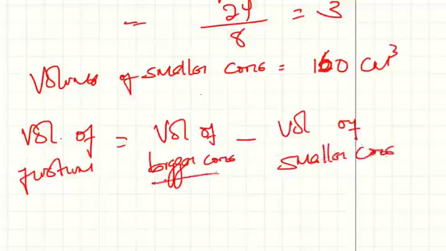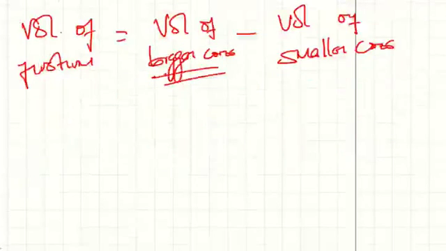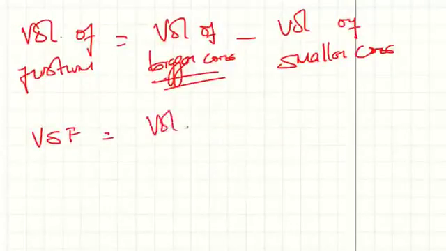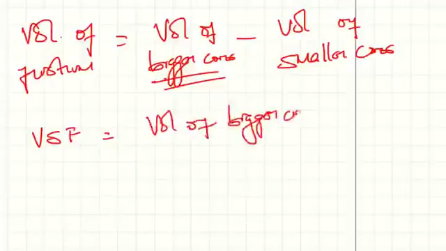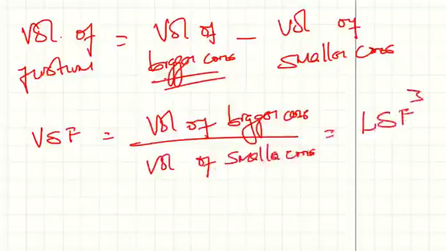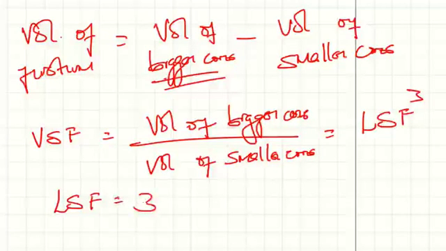So we look for the volume of the bigger cone. We say volume scale factor, which is given by volume of bigger cone over volume of smaller cone, is equal to linear scale factor cubed.